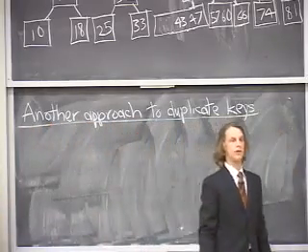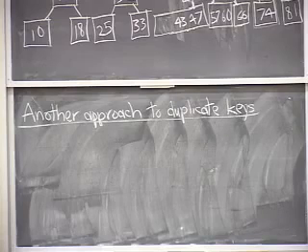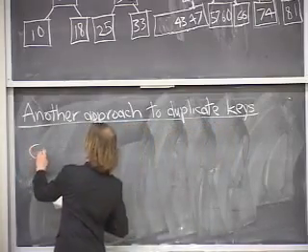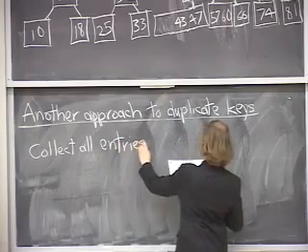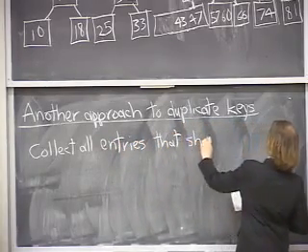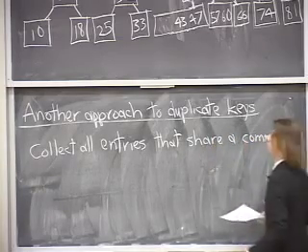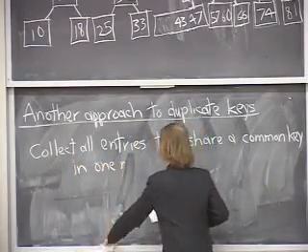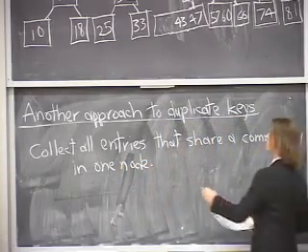But for some of these data structures, you might want to deal with duplicate keys in a different way that prevents them from forming long chains in the hash table or long left child relationships in a binary search tree, which is one thing you can do is just collect all of the entries that share a common key in one node. So in other words, each node's entry is now a list of entries.